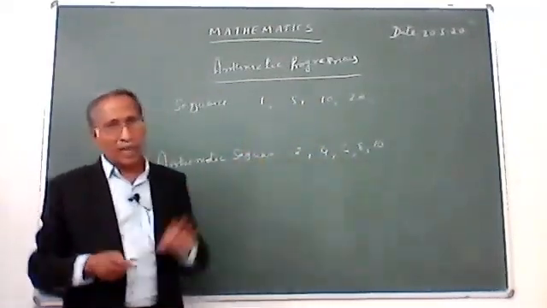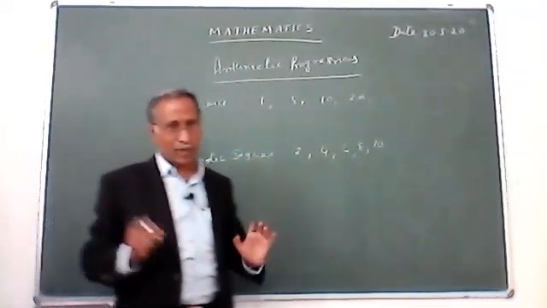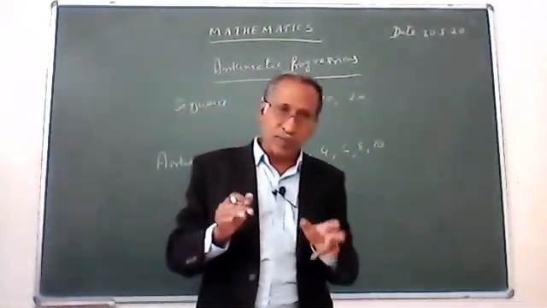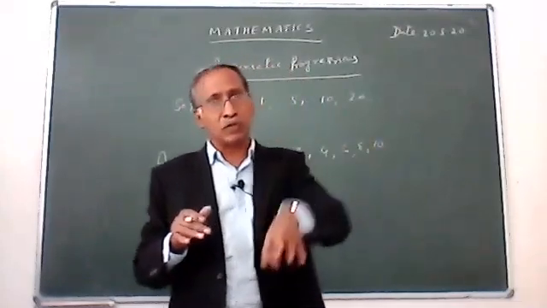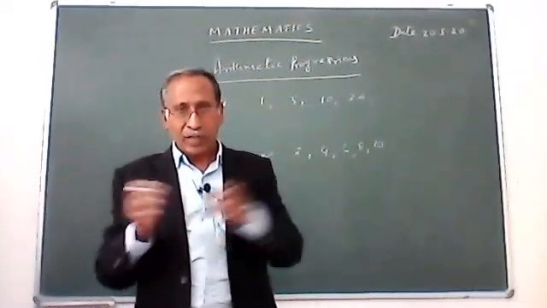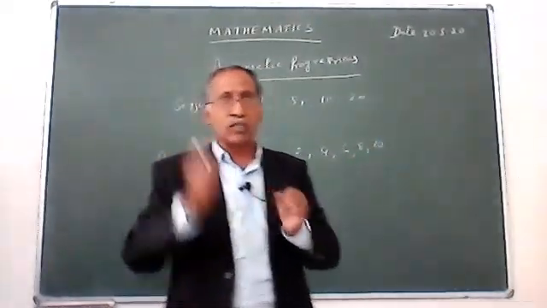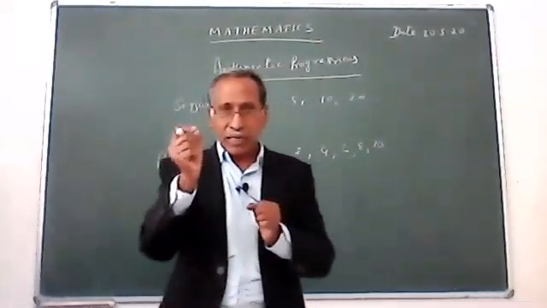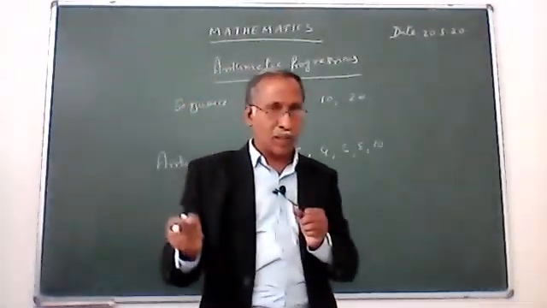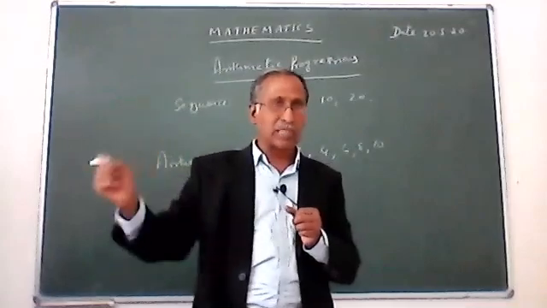In an arithmetic sequence, the difference is always the same. Therefore, we can define an arithmetic sequence in this way. Arithmetic sequence is a sequence if the difference between a term and its consecutive term is constant. How do you find out the difference? Difference between two consecutive terms. Third term minus second term. Fifth term minus fourth term. 10th term minus 9th term.